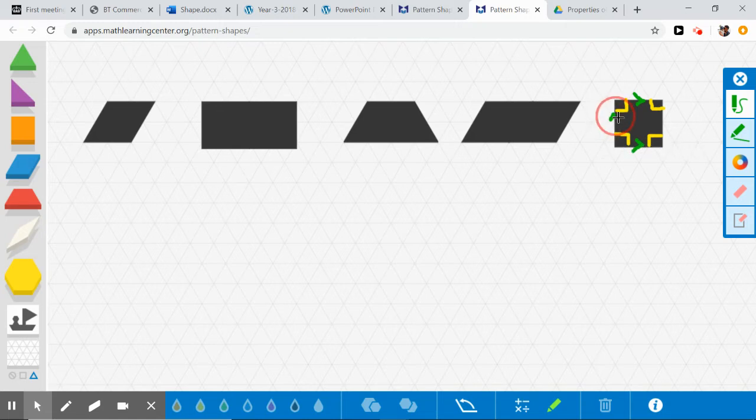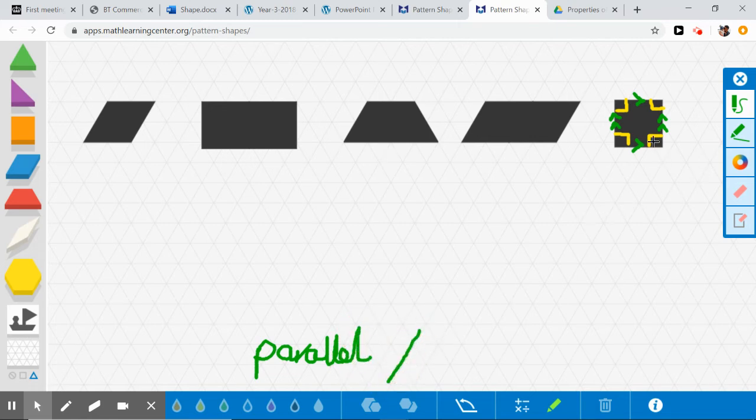And these, because we've already used one for here, we're now going to use two. I could have faced them down. I'm going to face them up. So that has two pairs of parallel sides. Remember, parallel means the two sides are always the same distance apart, like a ruler or a train track.